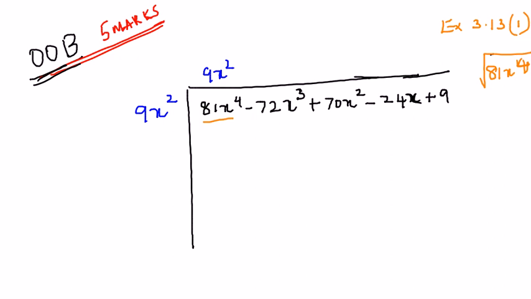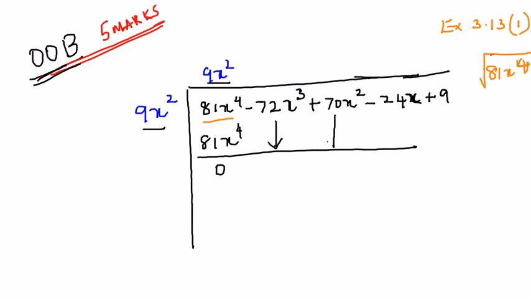Now we multiply whatever is here and here. So 9x squared into 9x squared is going to give me 81x^4. Now I will subtract this. This will become 0, and next I will bring down my next two terms, minus 72x cube plus 70x squared.